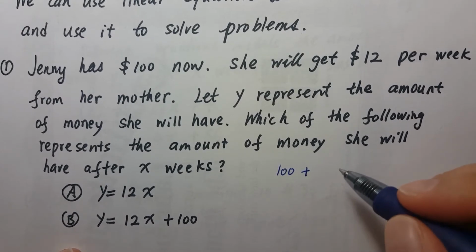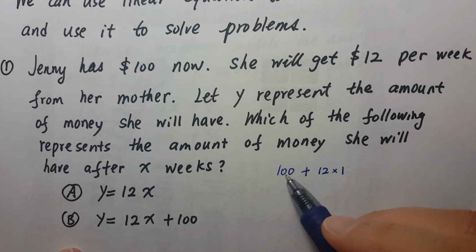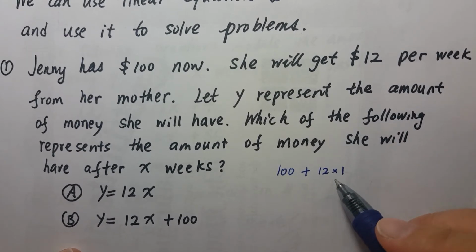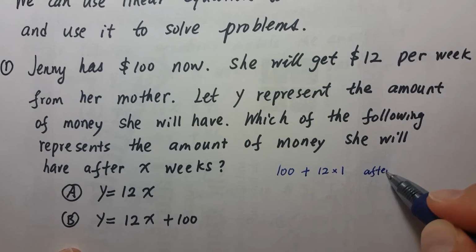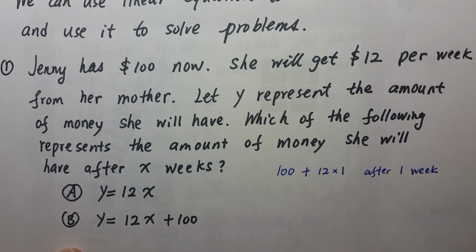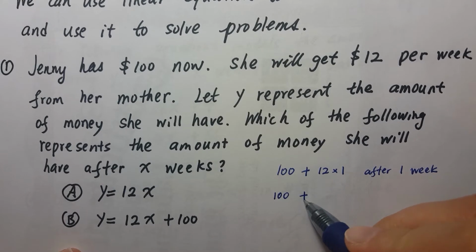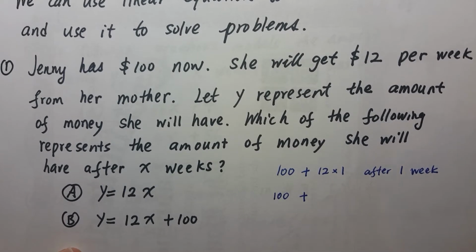So now after 1 week, it's going to be 12 times 1. So 100 plus 12 times 1. That is after 1 week. Now, how much money does she have after 2 weeks? She still begins with $100, and each week she gets $12.